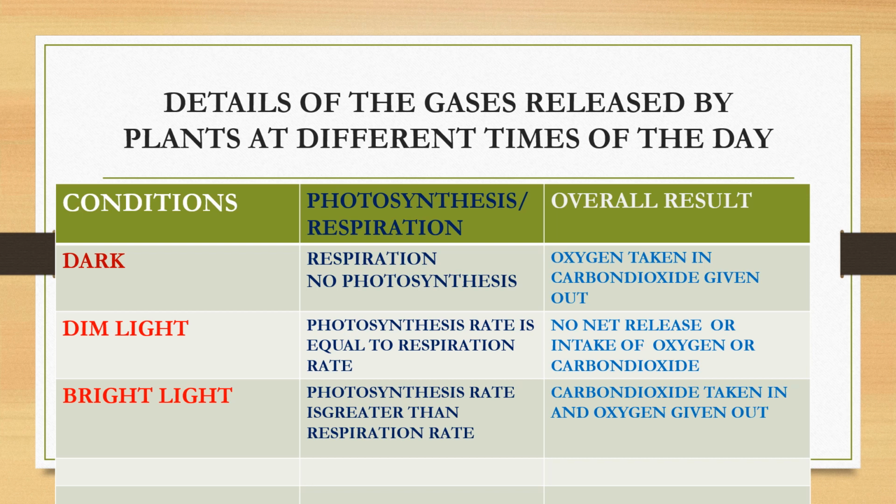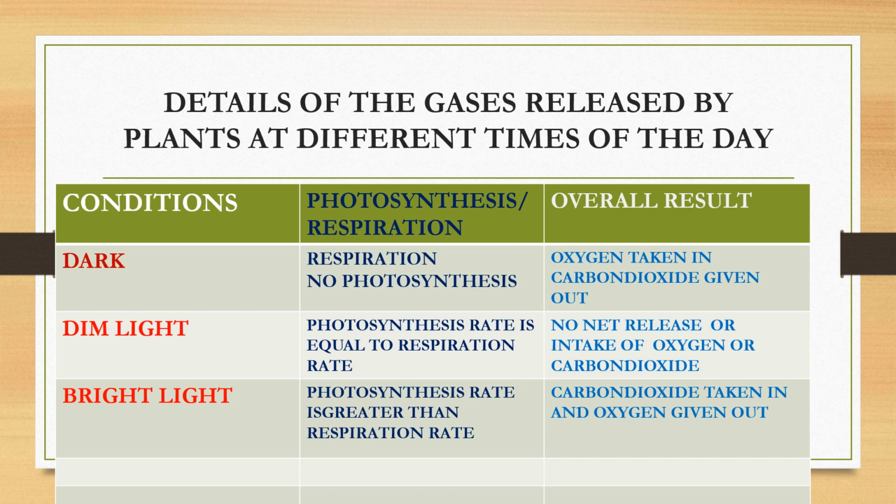You know the reason: without sunlight the plants cannot perform photosynthesis. What is the overall result here? In the third column, you will see the overall result. Oxygen is taken in and carbon dioxide is given out. This is what happens in the dark, at night.